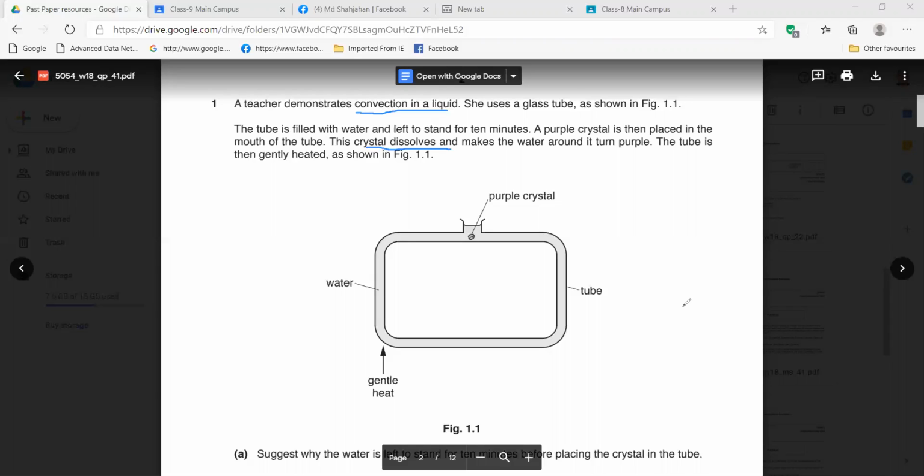So how many things did you get in convection? Just now I told the first one: convection occurs in fluids by the circulation of molecules. We can say liquid, but we can say fluids, right? That's a smarter word. It occurs in gas also, right?